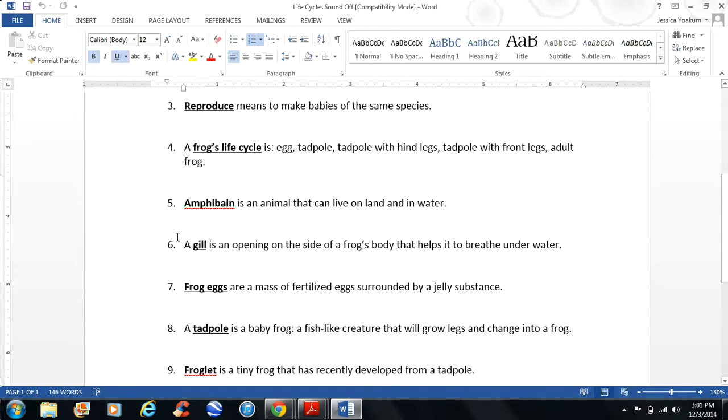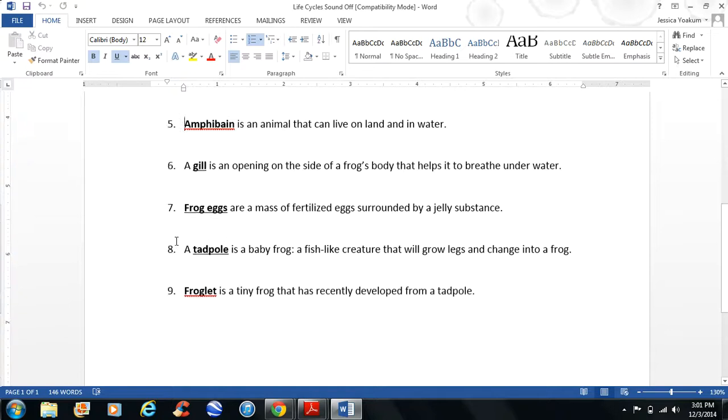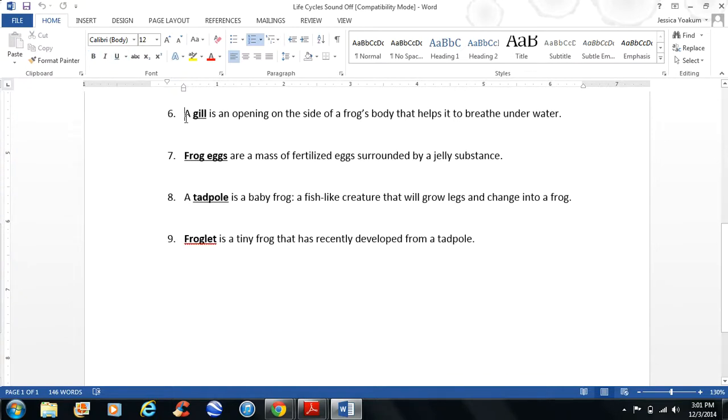Number 5, amphibian is an animal that can live on land and in water. Number 6, a gill is an opening on the side of a frog's body that helps it to breathe underwater. Frog eggs are a mass of fertilized eggs surrounded by a jelly substance.